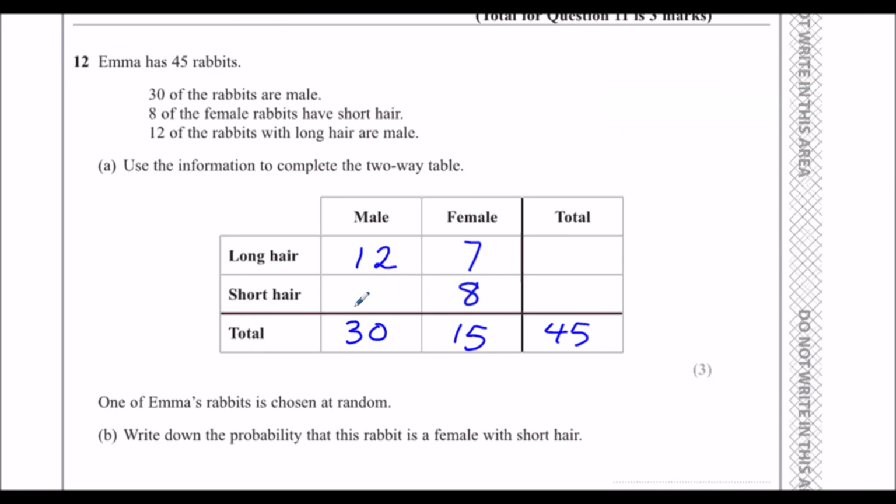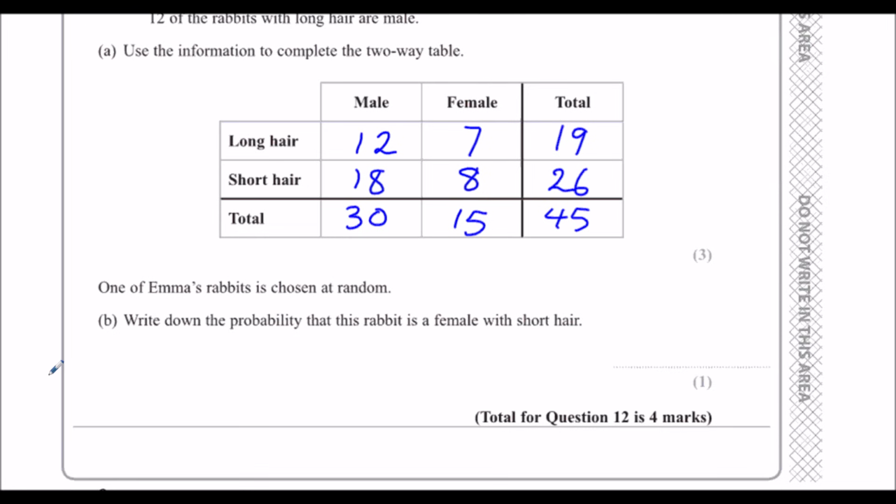We could fill out short hair male as well, so there's 30 in total. 12 have got long hair, so 18 must have short hair. And we can just add up these totals for long and short hair now. 12 and 7 is 19. 18 and 8 is 26. And we can check, yes, they add up to 45. So it looks like we've done it right.